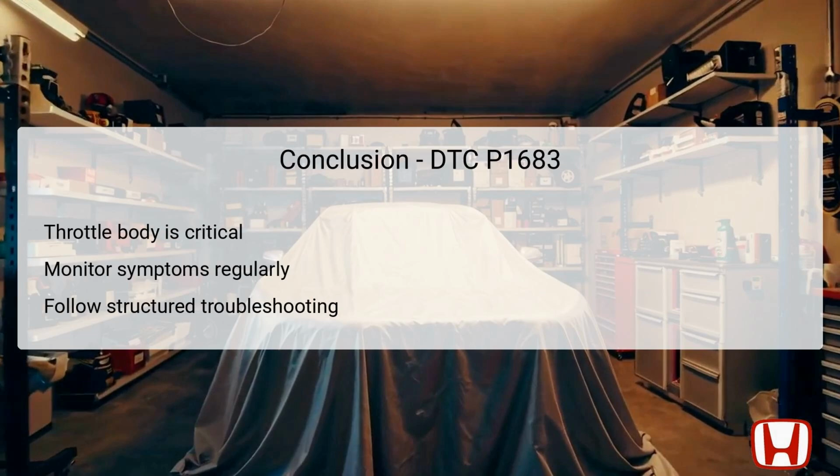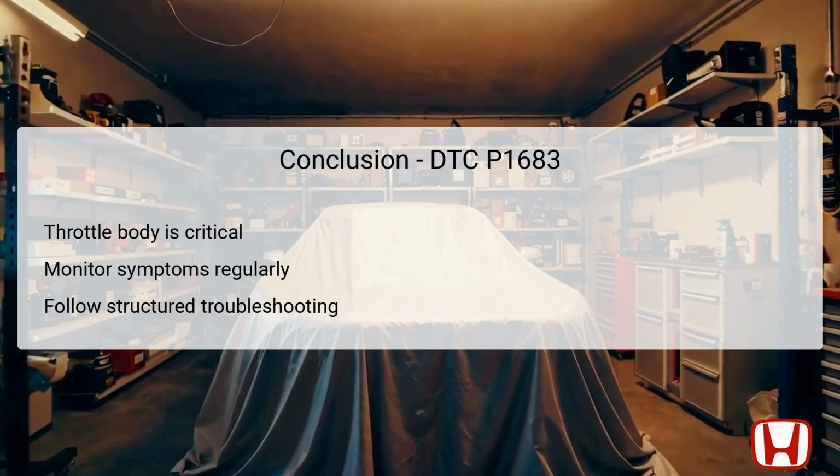In conclusion, DTC P1683 highlights a specific issue concerning the throttle valve default position spring performance, which is vital for the efficient operation of the Honda Accord's engine. Knowing how to identify symptoms such as poor acceleration or an illuminated check engine light is crucial for timely maintenance.